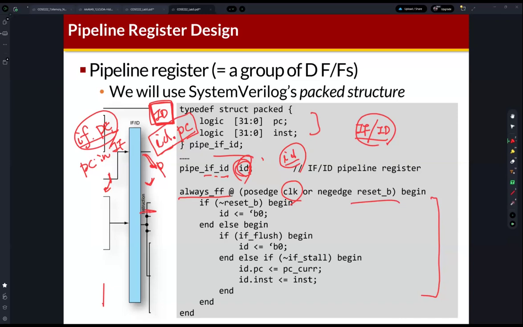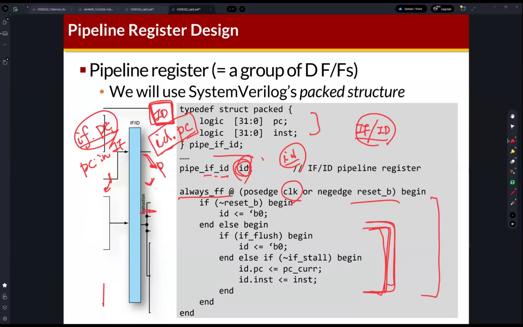Because this is the negative reset, if the reset signal is 0, then it's initialized. Then this is the normal condition, right?